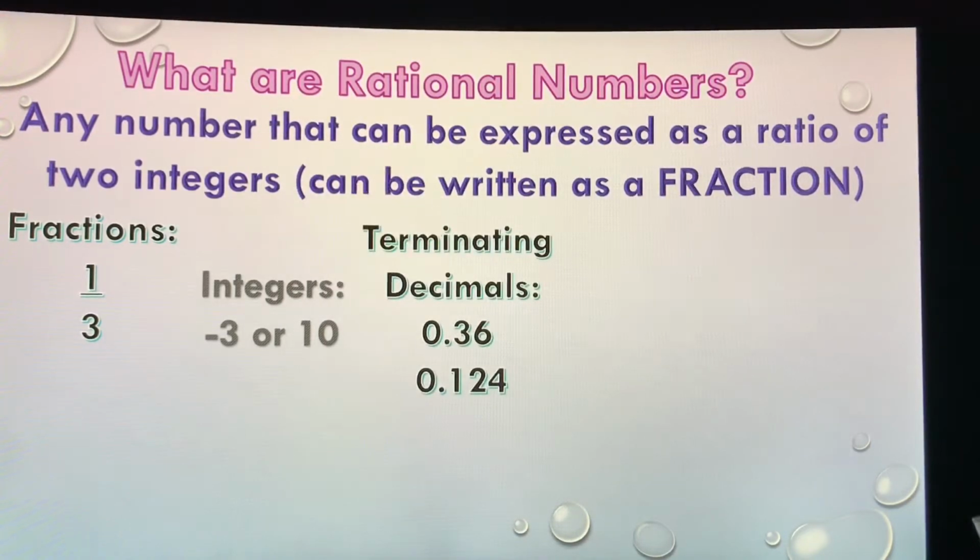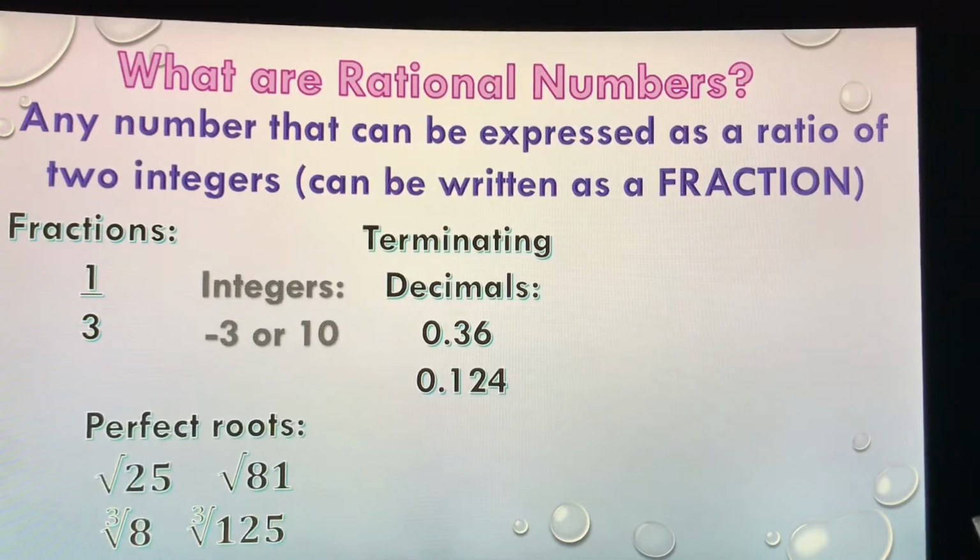Now this is important to understand, a terminating decimal. If you look at these decimals, a terminating decimal is one that ends. It does not go on, it doesn't repeat. It's your typical decimals you work with, 0.5, 0.6789. As long as it's ending, it's terminating, I can make that one a fraction.